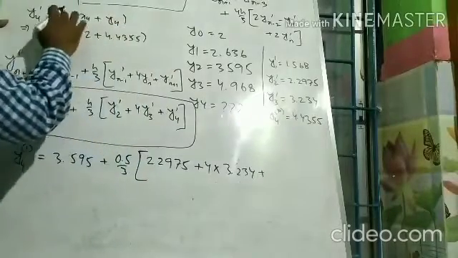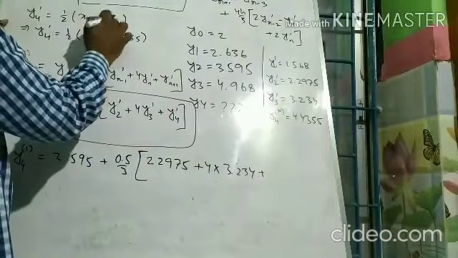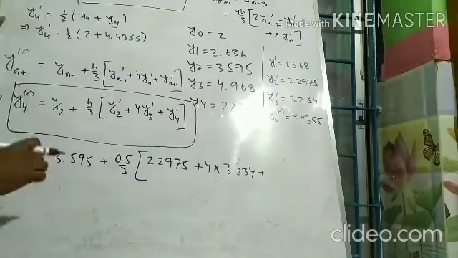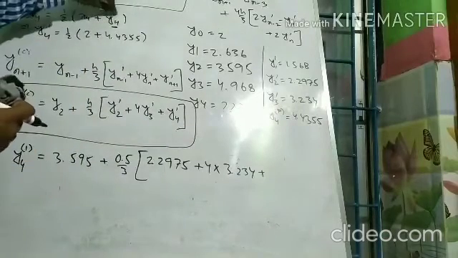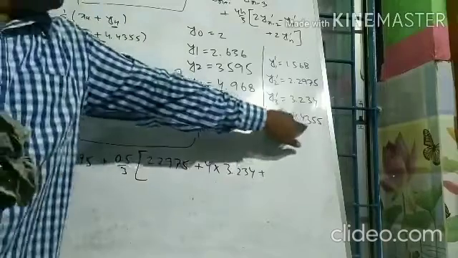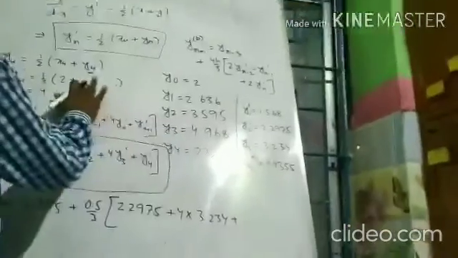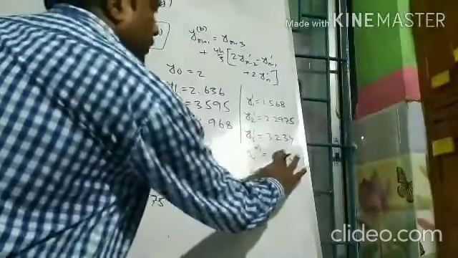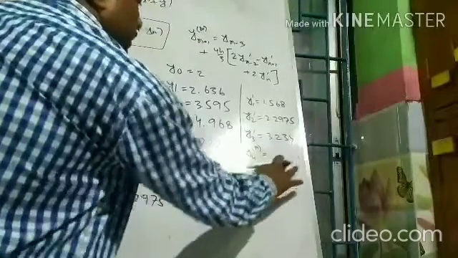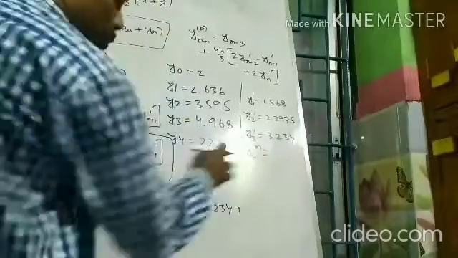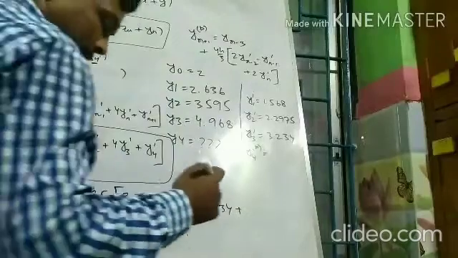So y4 prime is half x4 plus y4. We use the predicted value of y4, that is 4.4355. So y4 prime 4.4355. This is wrong. This is the predicted value of y4 from the predictor formula.